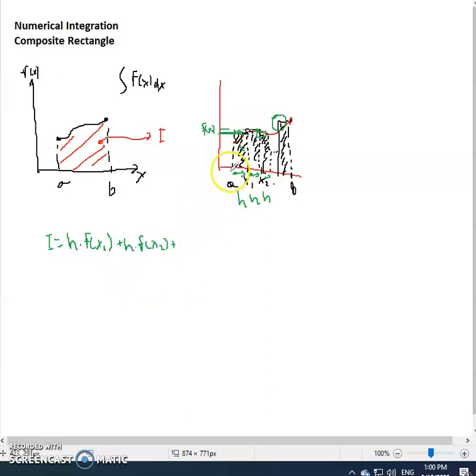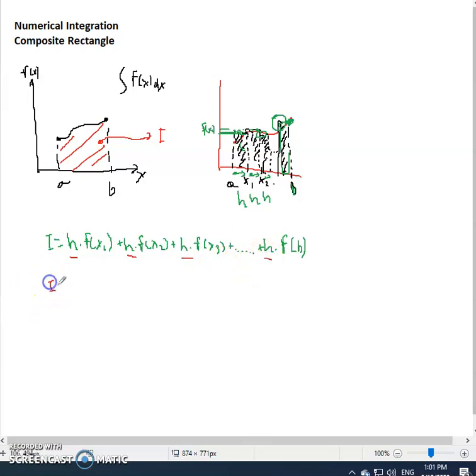And the next rectangle is again h times f of x3, and so on, up until point B, where we have the last rectangle, which has an area of h times f of b. You can easily spot that there's a common multiplier here, which is the h.